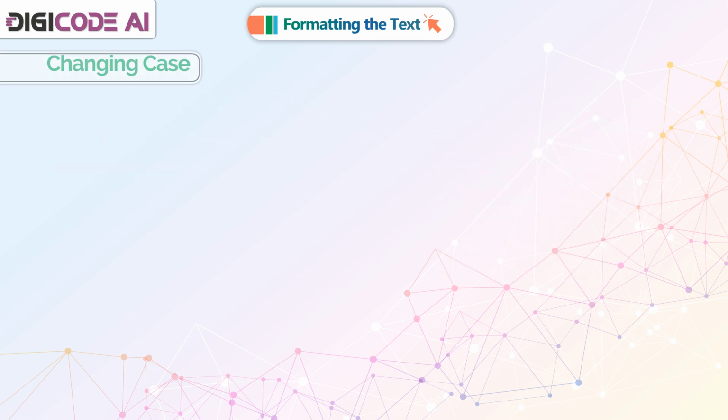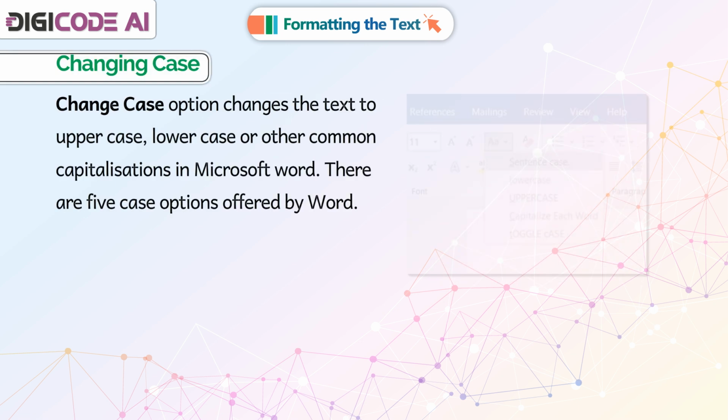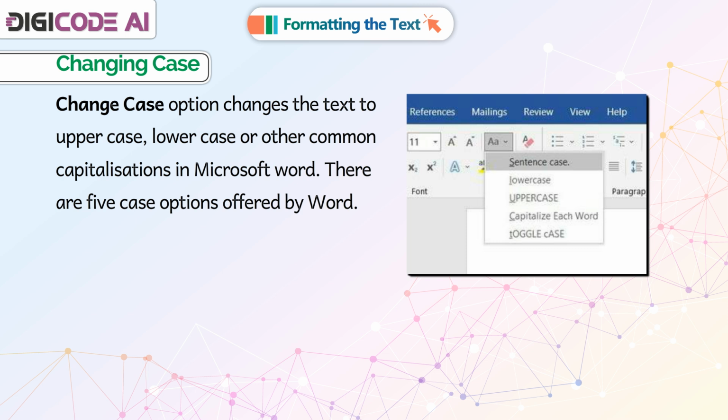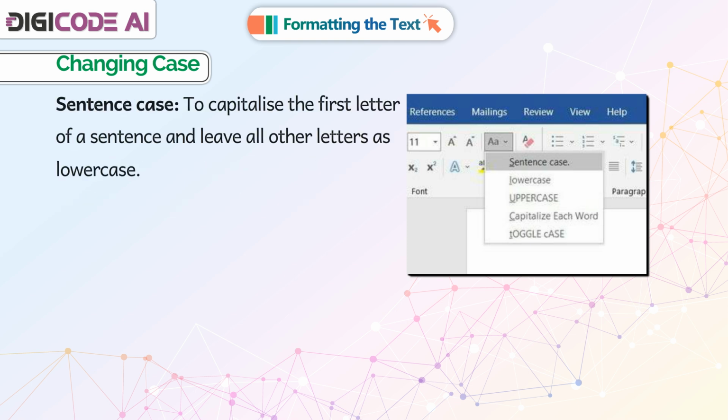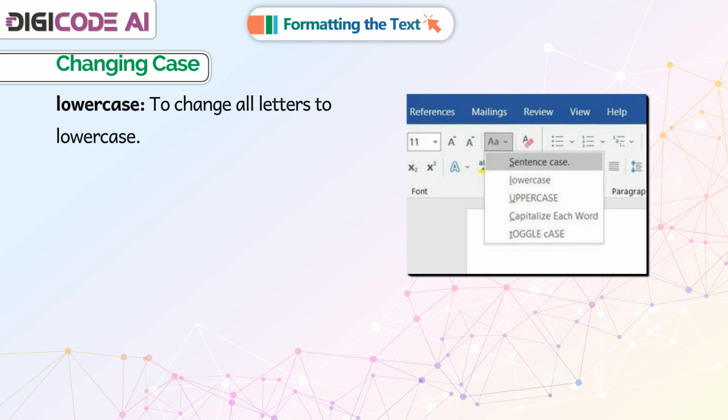right margin. Changing case. Changing case option changes the text to uppercase, lowercase or other common capitalizations in Microsoft Word. There are 5 case options offered by Word. Sentence case, to capitalize the first letter of a sentence and leave all other letters as lowercase.